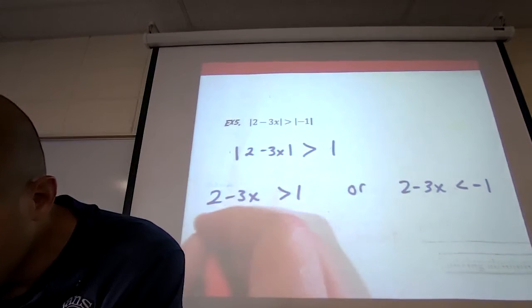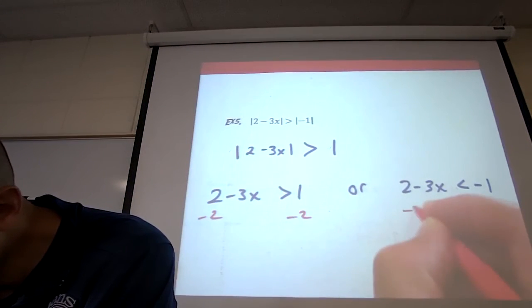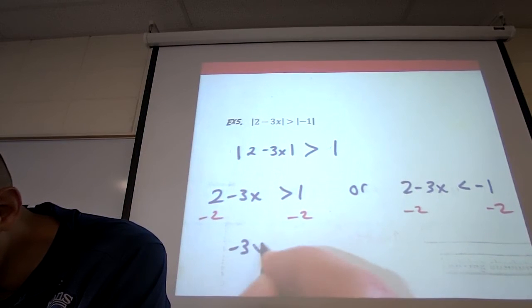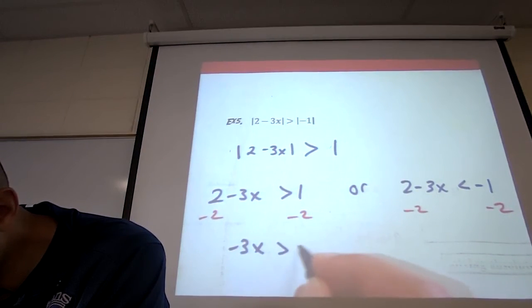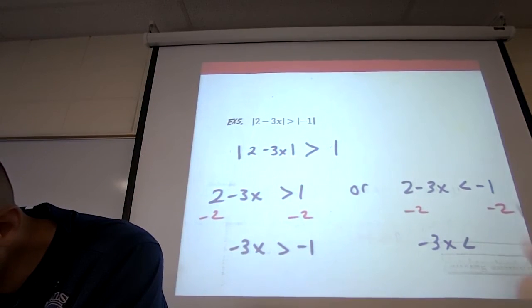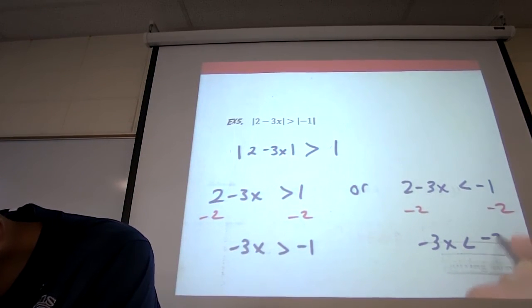We subtract the 2 over. We get -3x is greater than 1 minus 2 is -1. We get -3x is less than -1 minus 2, we know is -3.